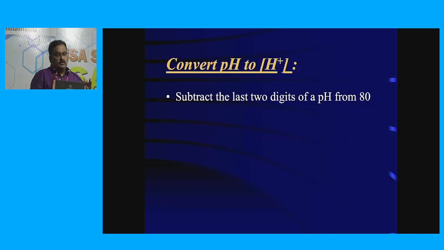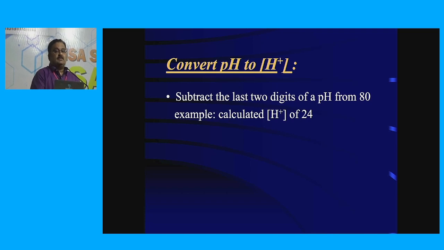Now, some machines give you the hydrogen ion concentration, but some machines don't. So, how will you find out the hydrogen ion concentration from the pH value? It is by subtracting the last 2 digits of the pH from 80. So, these are just a few examples. Suppose calculated hydrogen ion concentration is 24.